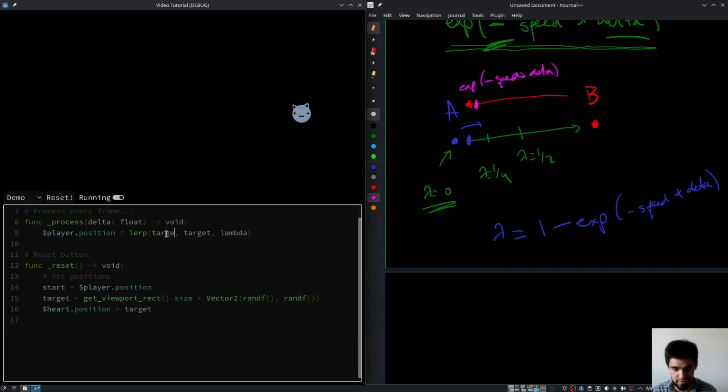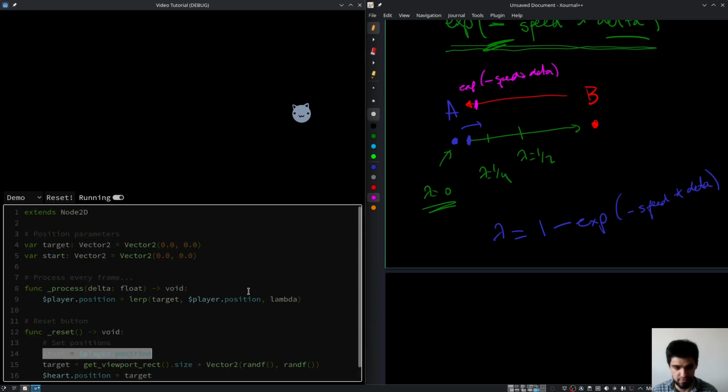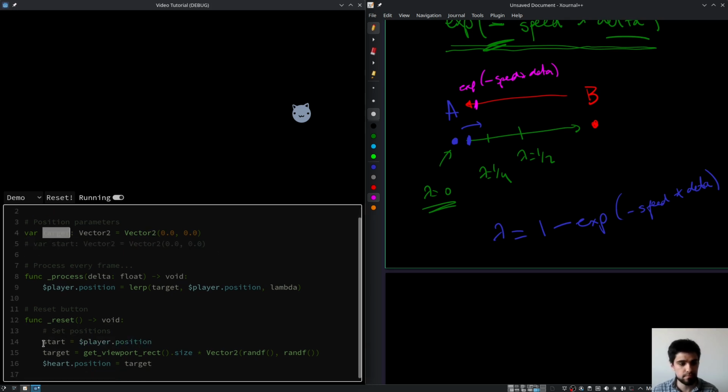So from the target to the start, but this is no longer the start. This is now the player's position, because every time we're getting closer by this factor, by using the player's position instead of the start. So that's why we no longer need the start, and why this is a technique that is quite useful, because we need fewer things. We don't need the start, we only need the target.